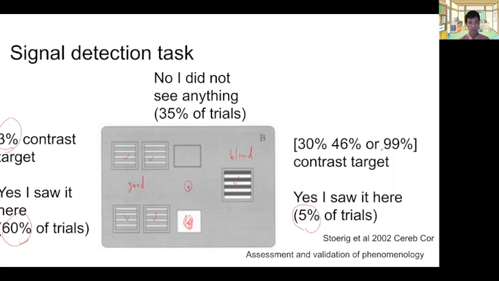On the other hand, when it was presented in the blind field, the contrast of the stimulus was relatively high, 30 or 46 or 99%. And in the rest, 35% of trials, they did not present anything, and the subject was allowed to press this button to indicate that there was no stimulus. No, I didn't see anything. Okay.